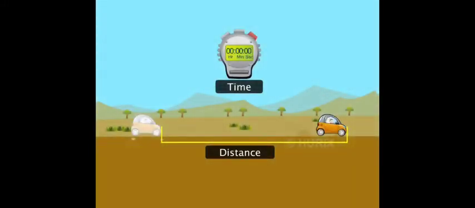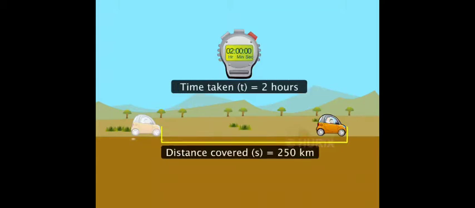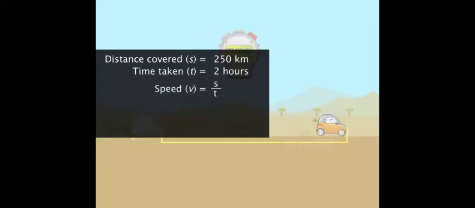If a car covers a distance of 250 kilometers in 2 hours, its speed is calculated as shown here. Here, distance was recorded in kilometers and time in hours.